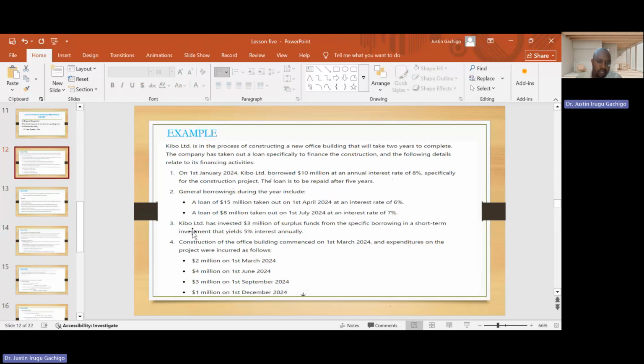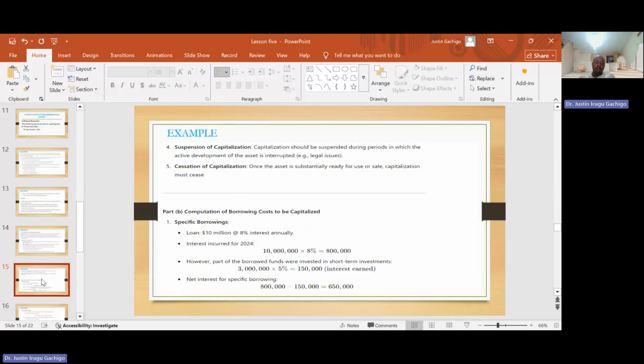But we are also told Kibio Limited has invested 3 million of surplus funds from the specific borrowing in a short-term investment that yields 5% interest annually. So how should we go about this? First, calculate the total interest. The interest incurred will be 10 million times 8%, which is 800, because that's annually. Then we have the interest income from the amount that was invested: 3 million times 5%, which is 150.